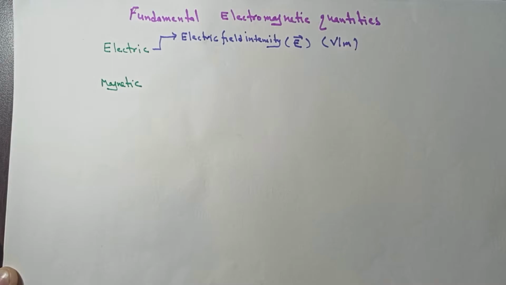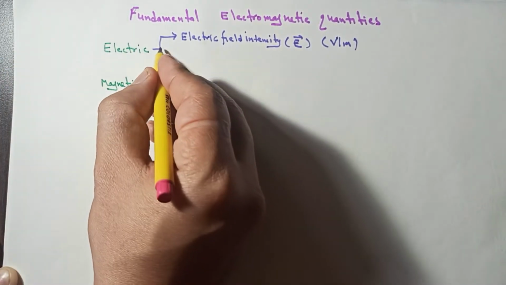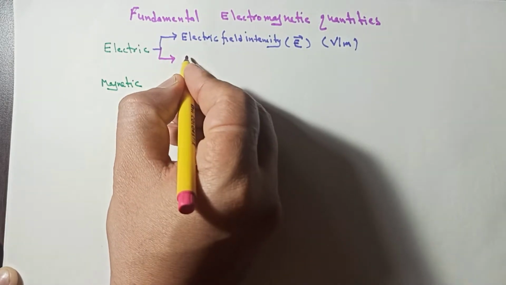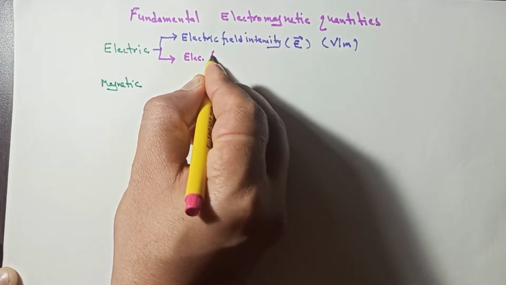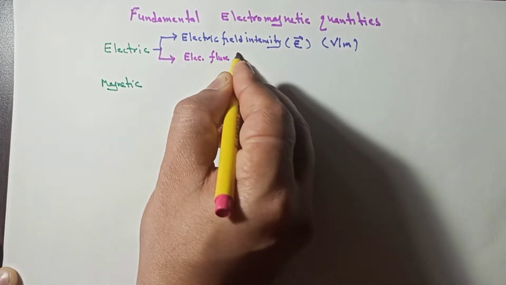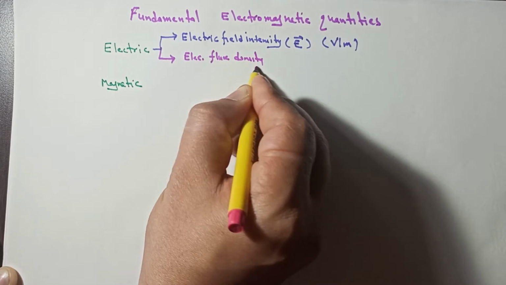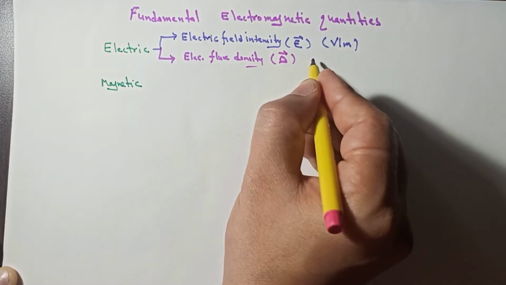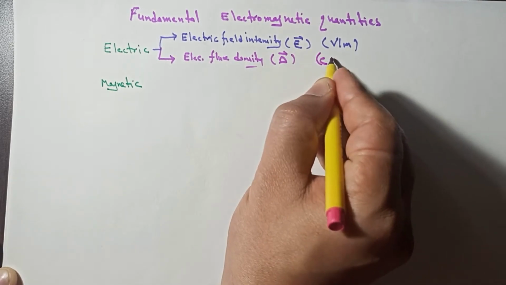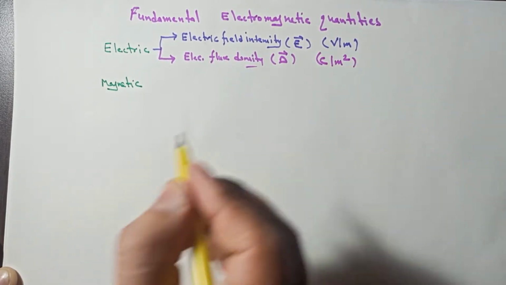Okay, the second quantity is electric flux density. It is given by D and the units are coulomb per meter square.